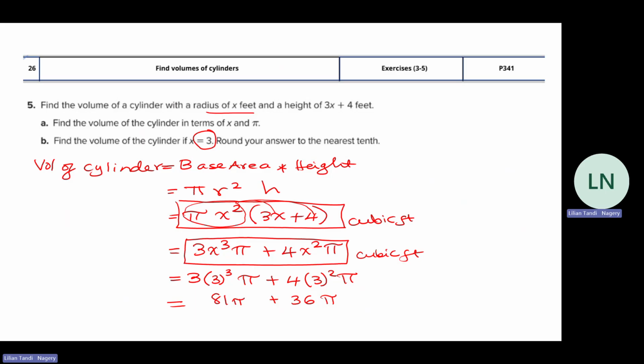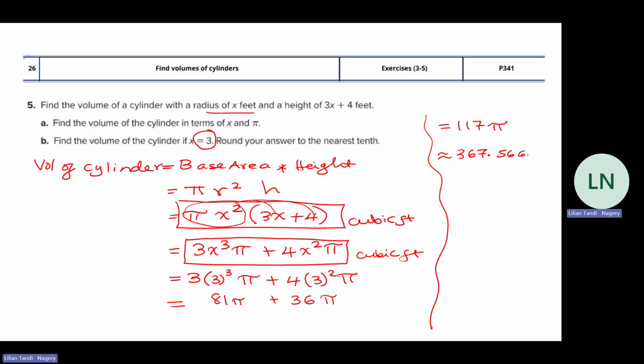And then you have 81 plus 36. That should give you 117 pi. So 117 pi, okay? And then this should give us 367.56666, okay?